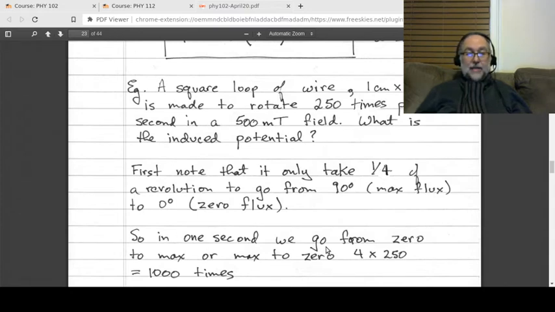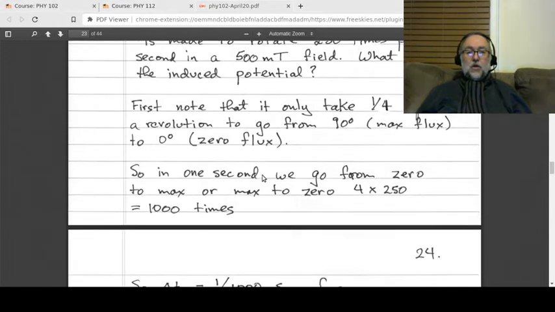Now in 1 second, we'll go from 0 to maximum, or maximum to 0, not 250 times, but 4 times 250 times. Think about that a little bit. Every quarter turn of your loop, you're going from a max to a minimum, or a minimum to a maximum.